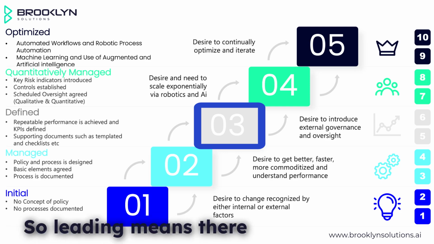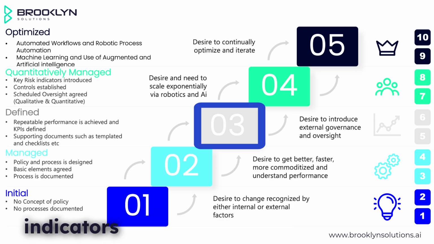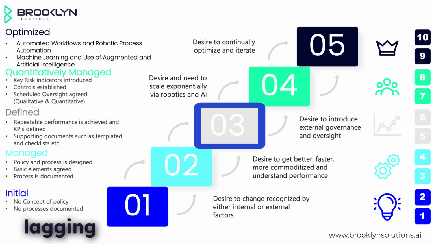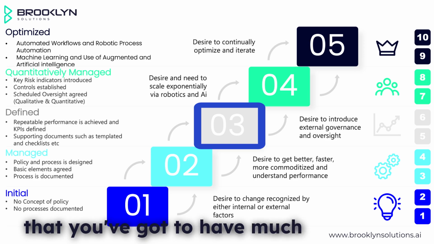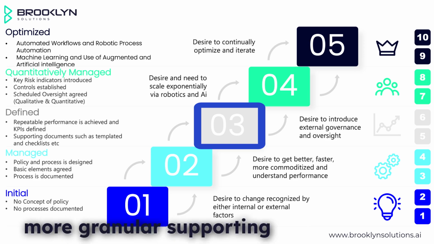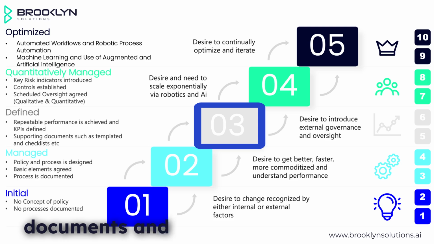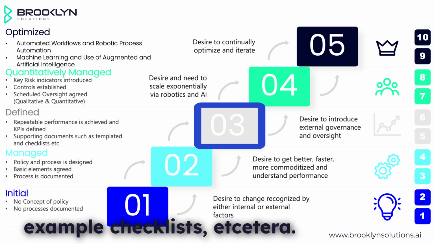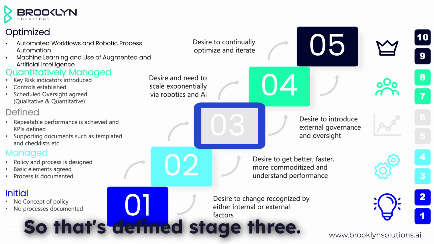Leading measures are indicators of something that is leading up to something happening, whether high or low scoring, and lagging measures indicate that something has happened. Moving into the defined phase, you've got to have much more granular supporting documents and templates for how your processes operate, and example checklists, etc. So that's defined stage 3.